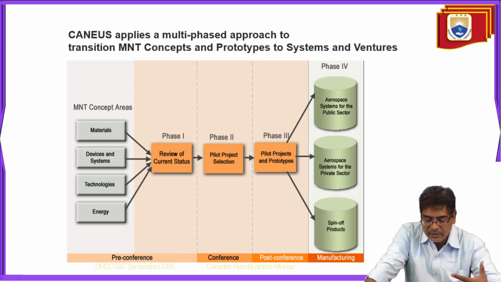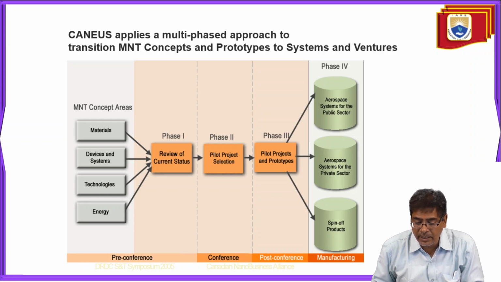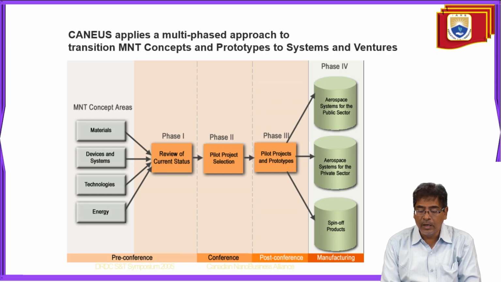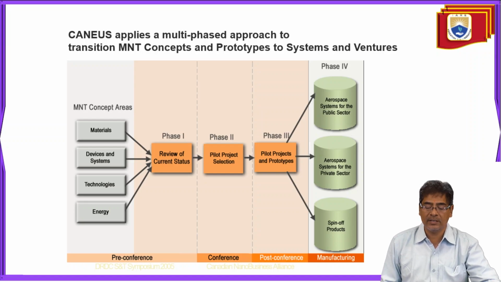This is the pre-conference, this is the conference level, post-conference, and this is the manufacturing. When we speak about manufacturing products, we have aerospace systems for the public sector in phase 4, aero systems for the private sector, and spin-off products, right? So these all come in the manufacturing units.